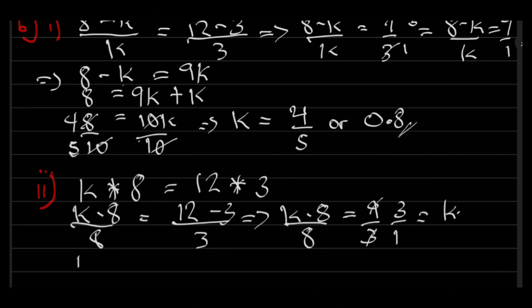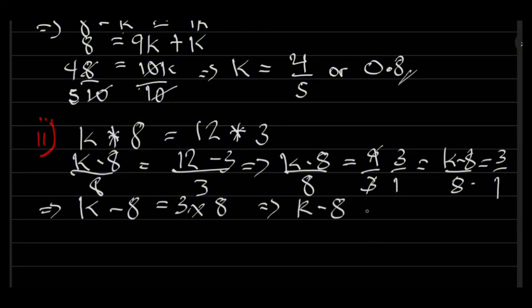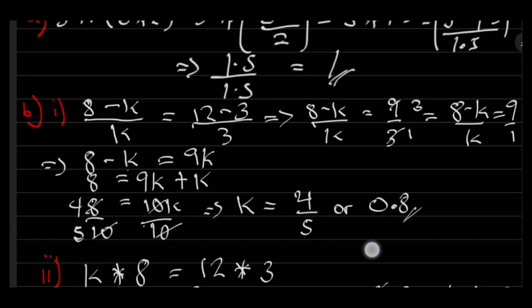So k minus 8 over 8 equals 3 on 1. We cross multiply, and that would give us k minus 8 equals 3 times 8, which is 24. We transpose 8 to the other side. K will be equal to 24 plus 8, so k equals 32. So that is how we go about solving such a question.